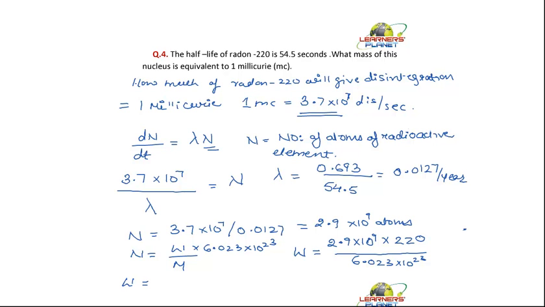So it will be 2.9 into 10 to the power 9 into 220 divided by 6.023 into 10 to the power 23.